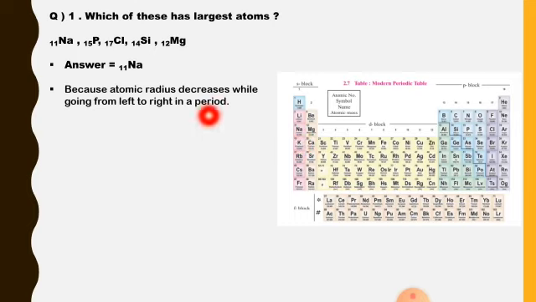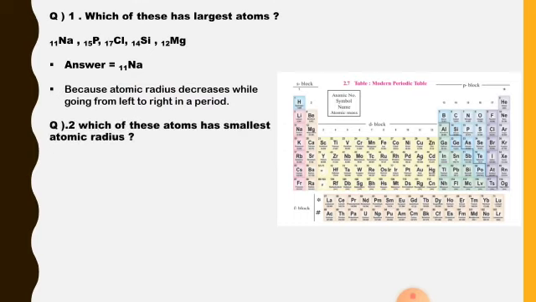So the answer is what? Na. In the example we saw earlier, lithium had the largest atoms. That means in this case also Na will have the largest atoms. So the answer is Na.